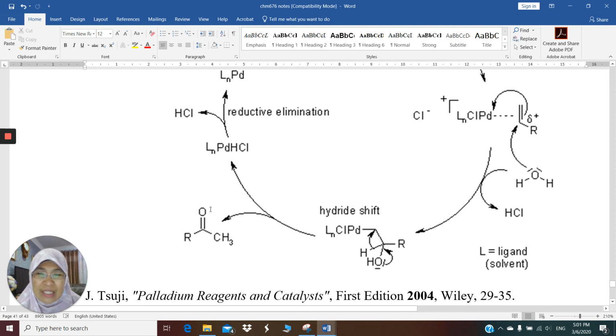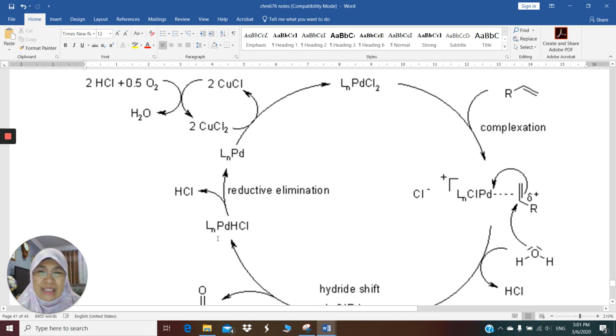Now the aldehyde is eliminated, leaving you with your catalyst species not quite ready for the next cycle. It is not in this form.